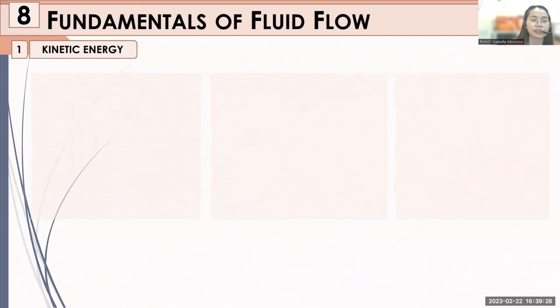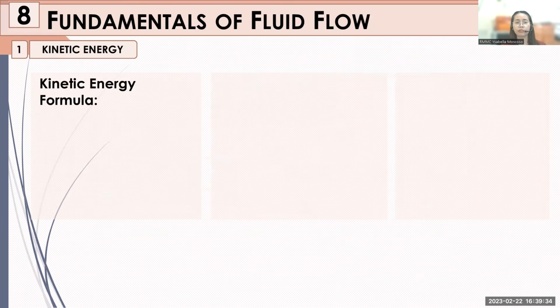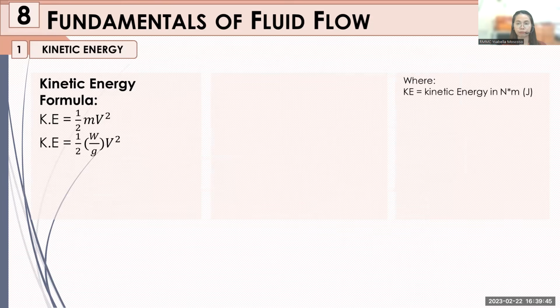So, let us try to quantify what is kinetic energy. Going back to your physics, we know that the formula of your kinetic energy is 1/2 m times v squared, where m is your mass and v is the velocity. Okay? KE is equal to 1/2 weight over gravity times v squared. Paano nangyari na yan?